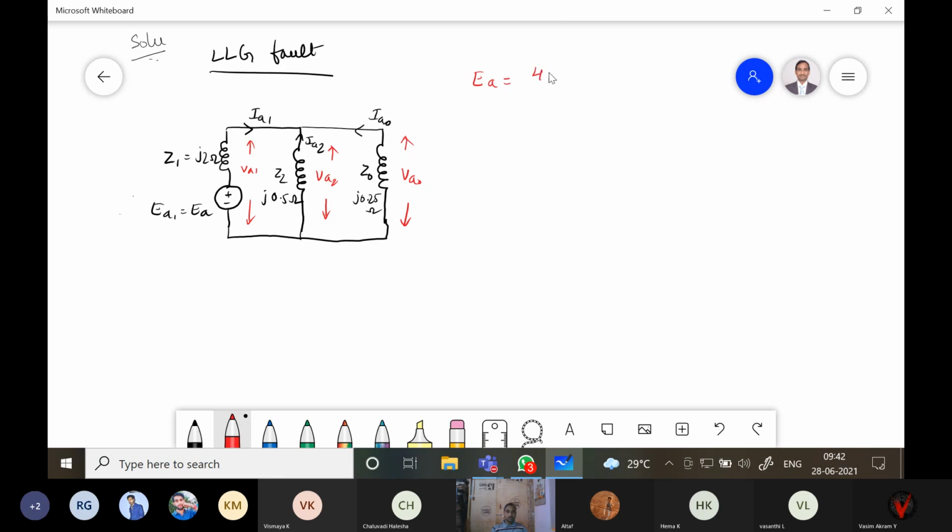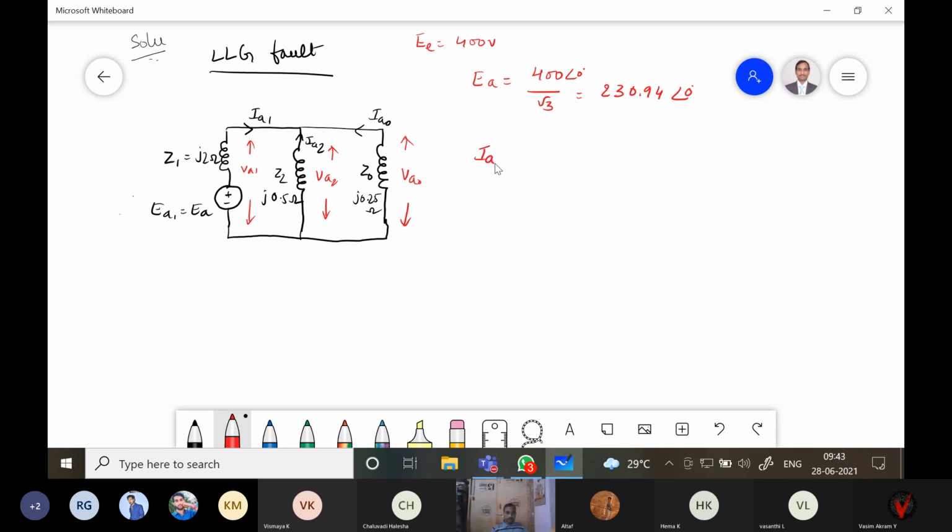EA is equal to 400 by root 3, because the line voltage is given as 400 volt. EA means the phase voltage, EAN with respect to the neutral. In a star connection, the phase voltage is 400 divided by root 3, so we got 230.94 at an angle of 0 degree.